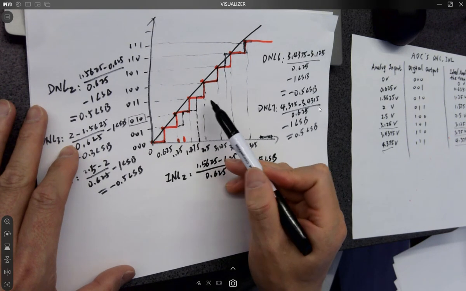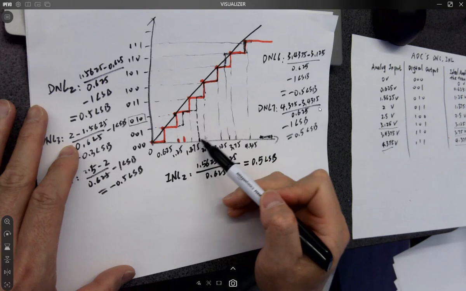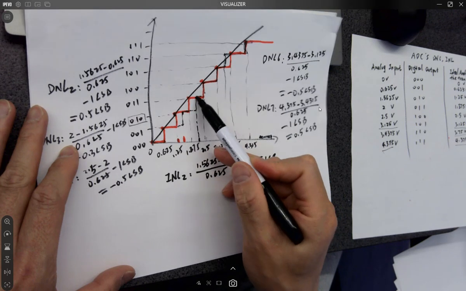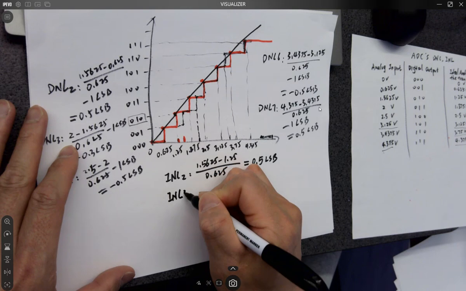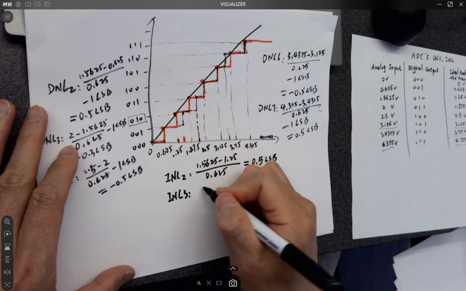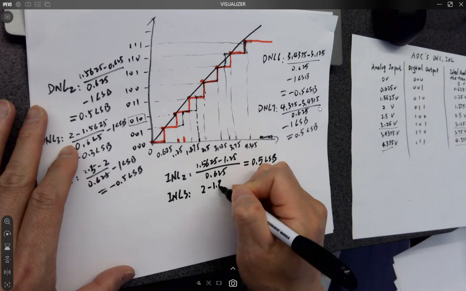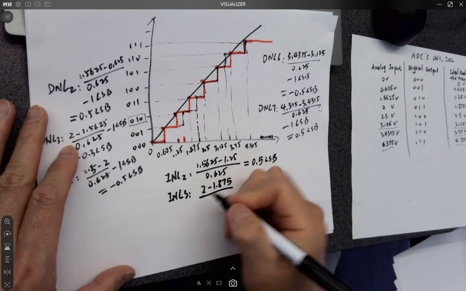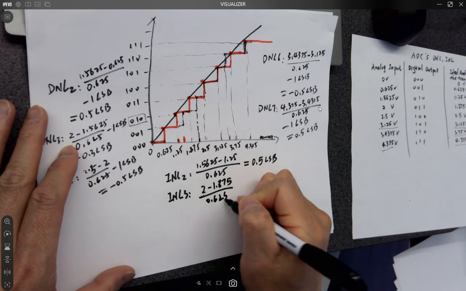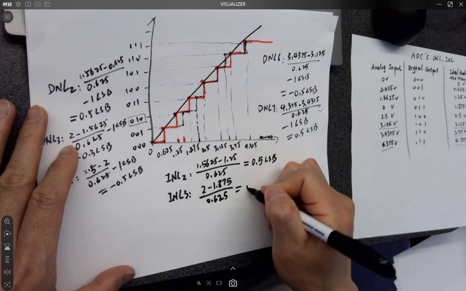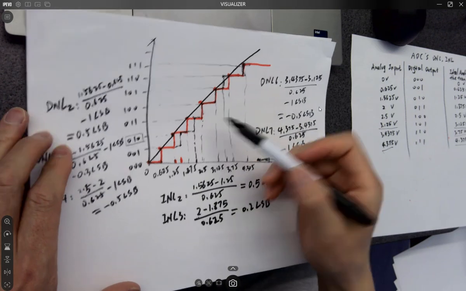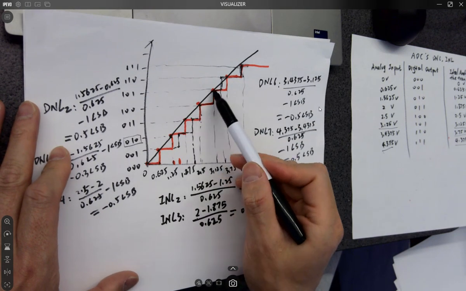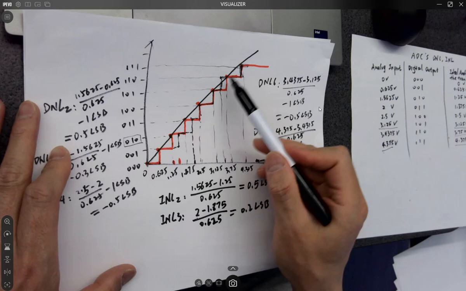I have another one, INL3, here minus here. 2 minus 1.875, divided by 0.625, equals 0.2 LSB. And these are all right on the curve until this point.